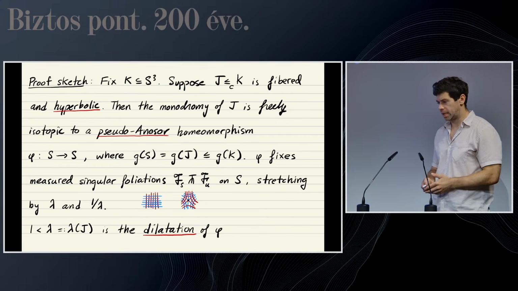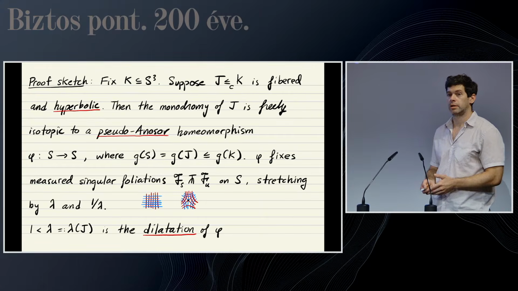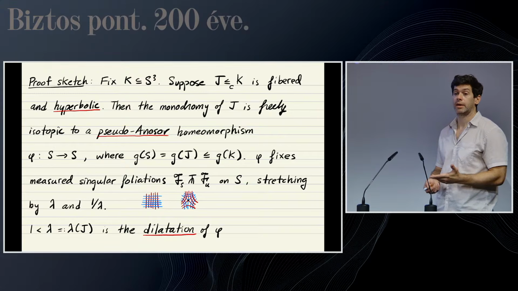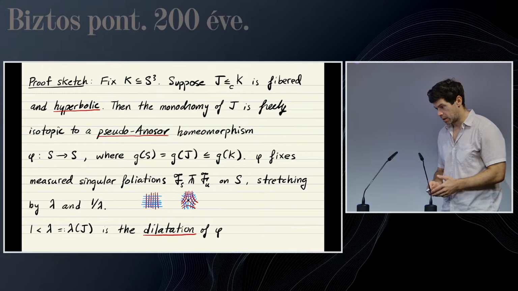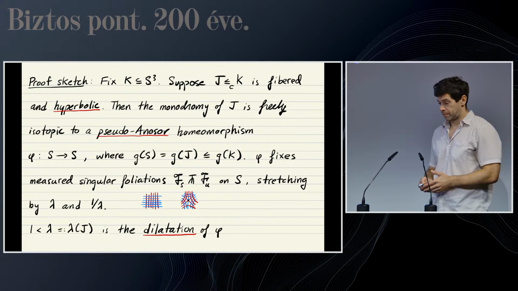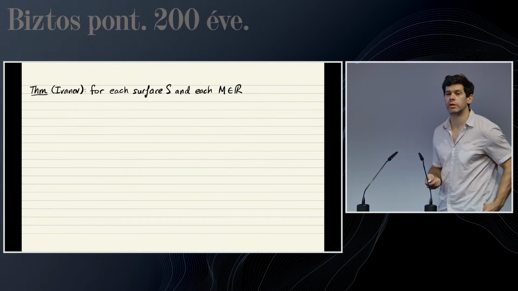So the idea is that we're going to try to control the dilatation, lambda of J, in terms of K. Right. And why do we want to do that?